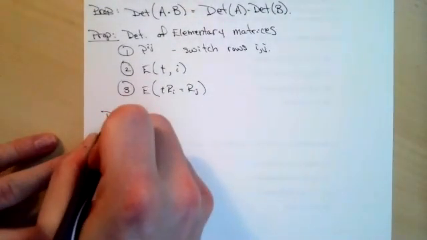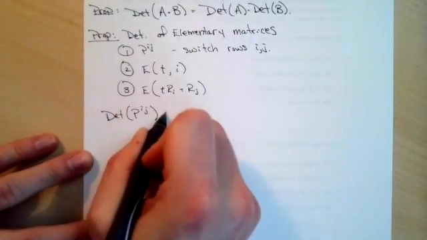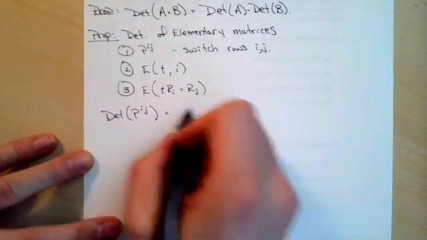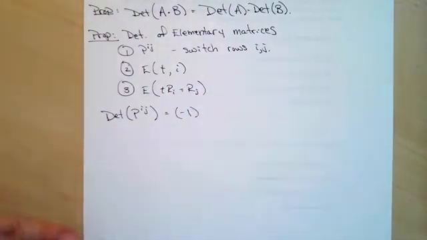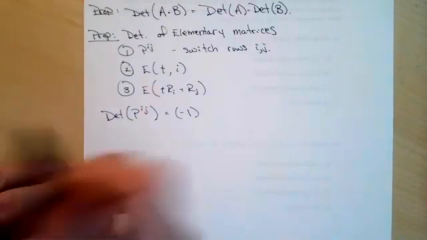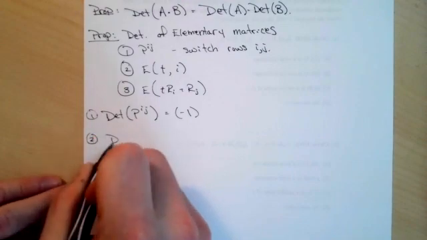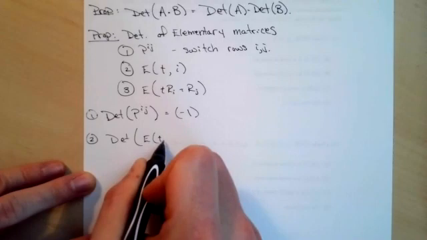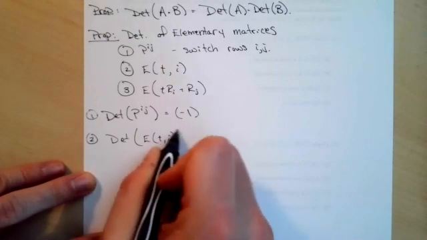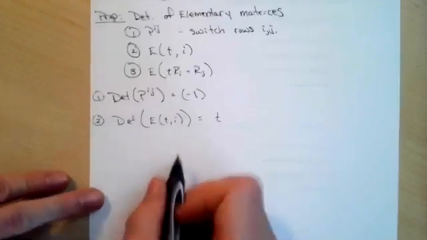So the determinant, if we switch two rows or two columns, the determinant is -1. The determinant of multiplying one row by a scalar is just going to be that scalar.